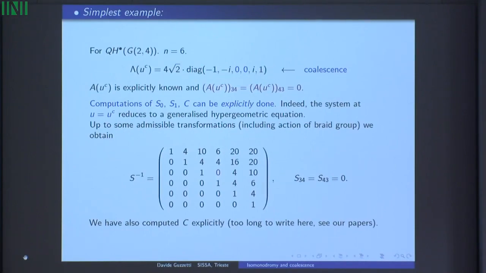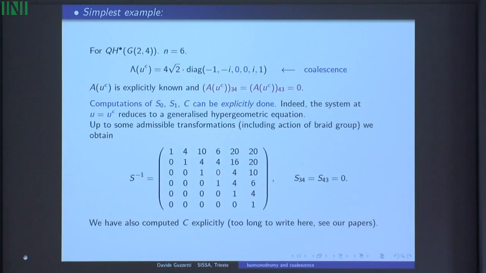We have our system explicitly, and we can solve the system explicitly in terms of generalized hypergeometric functions. So this is the Stokes matrix. We also have this central connection matrix, sorry, the matrix C0, here there is a 0. And everything can be computed.